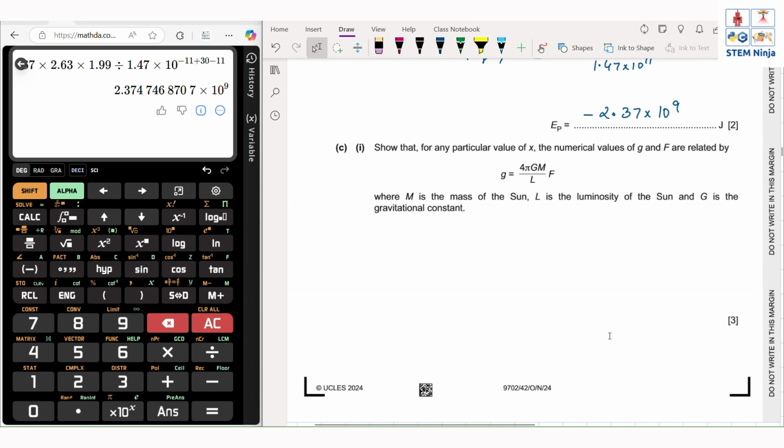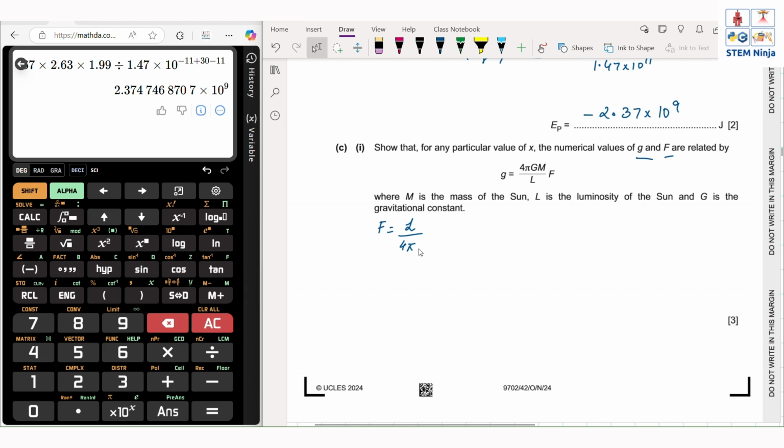Show that for any particular value of x, the numerical values of g and f are related by this, where M is the mass of the sun, L is the luminosity of the sun, G is the gravitational constant. So we know that f is L over 4 pi, and we don't need d squared over here. It is x squared this time, because x is given as the distance.